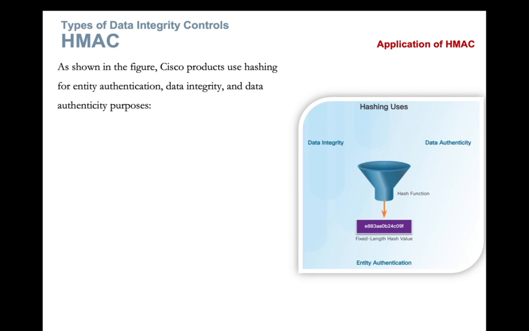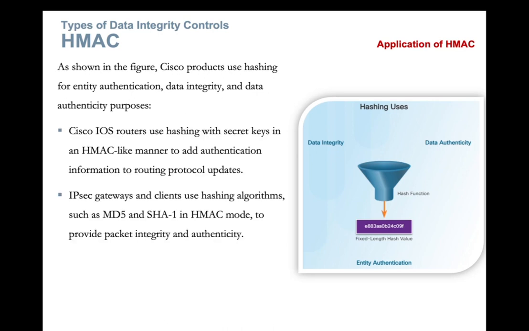In the IPsec gateway, the IP security gateways and clients use hashing algorithms such as message digest 5 and secure hash algorithm 1 in the HMAC mode, the hashed message authentication code mode, to provide packet integrity and authenticity.